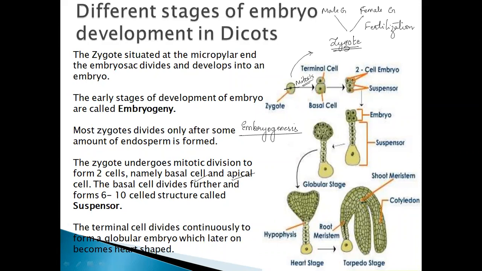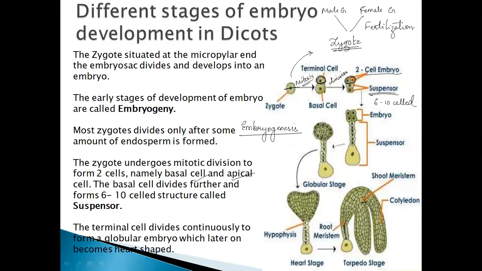Now, what happens here? The apical cell and the basal cell further undergo division to form a two-celled embryo and a 6 to 10 celled structure called the suspensor.